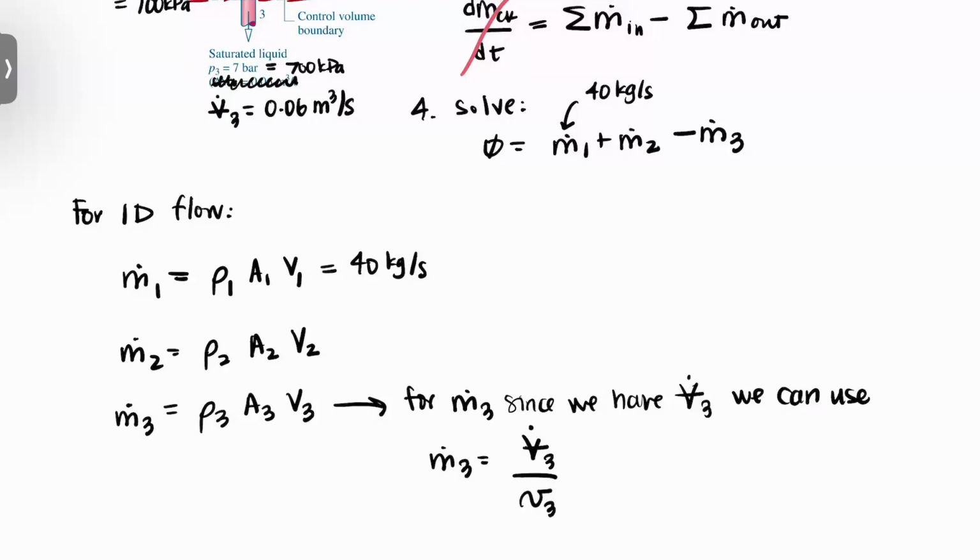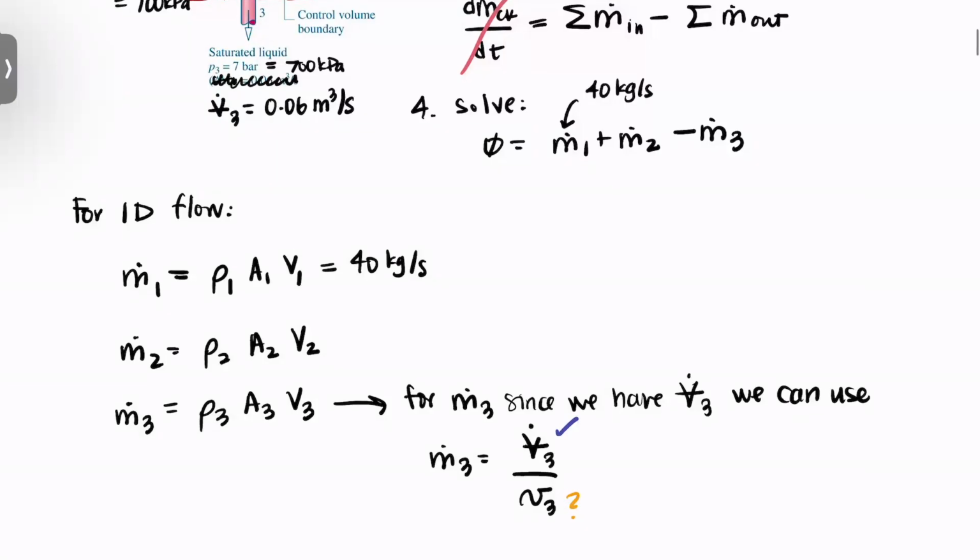Okay, so we know this, but we need to find the specific volume at 3. Any ideas on how we might find the specific volume at 3? The tables, yes. Fantastic. We're going to look at the tables.